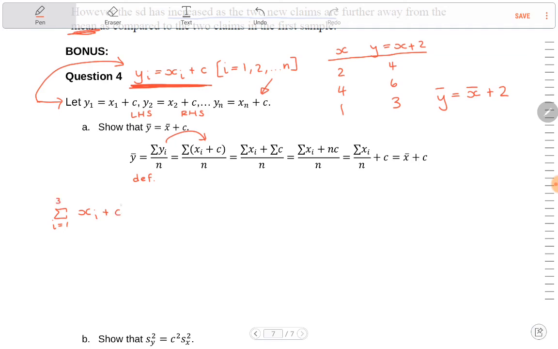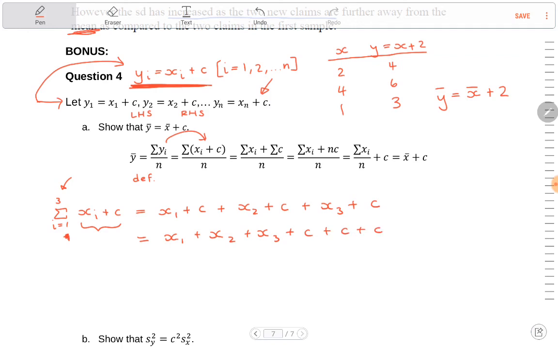In other words, you take everything inside the summation and repeat it as many times as you need to, starting from i equal to 1 up to i equal to 3. So it's x1 plus c plus x2 plus c plus x3 plus c. You can rewrite this as x1 plus x2 plus x3 plus c plus c plus c.